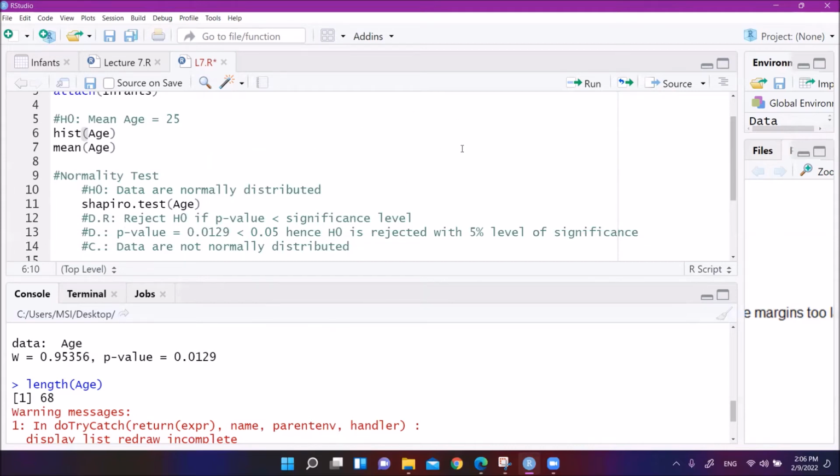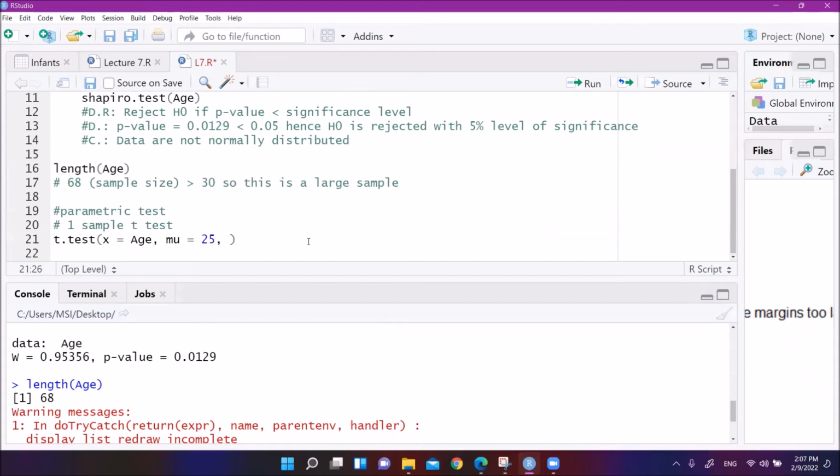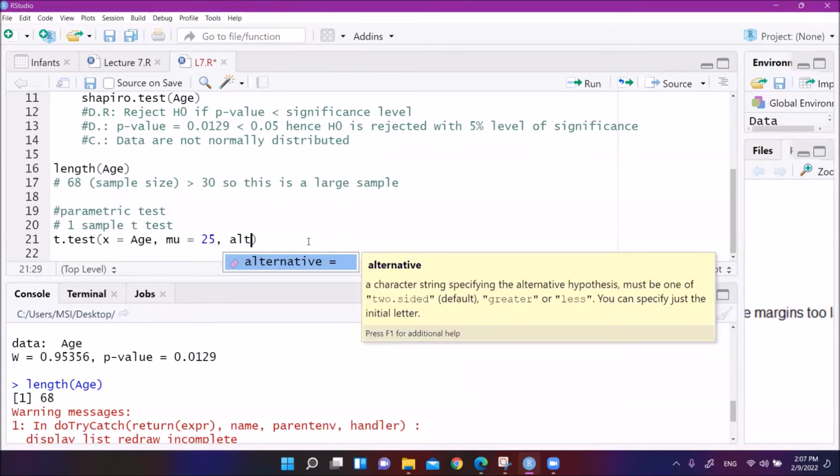So how do you give that in R? You just say alternative. Here, it gives you the help: the character string specifying the alternative hypothesis must be one of these. By default, it says two-sided, so if you want a two-sided test, you really don't have to give this argument, because by default it performs a two-sided test.